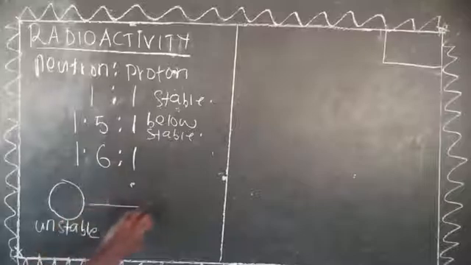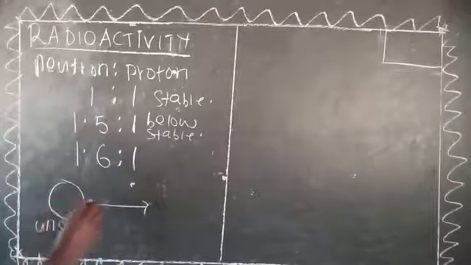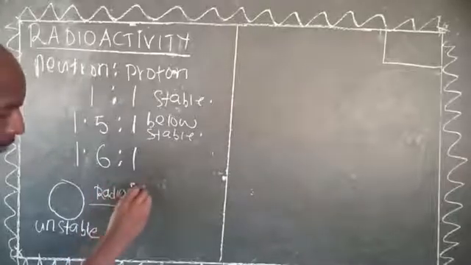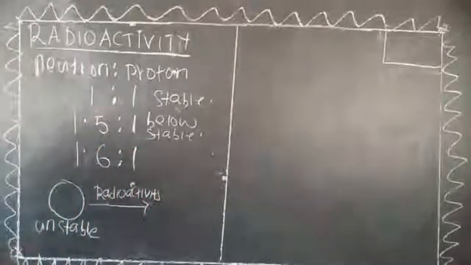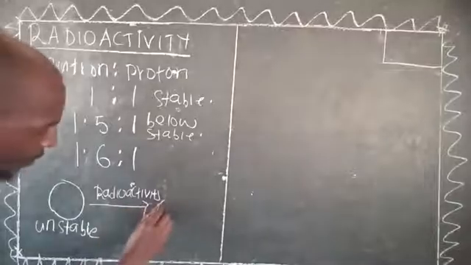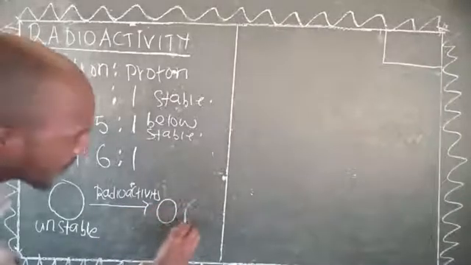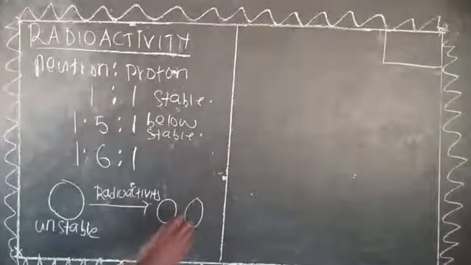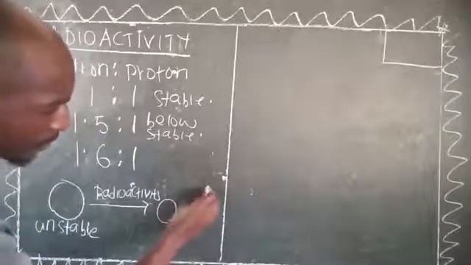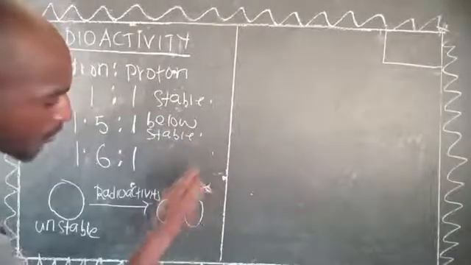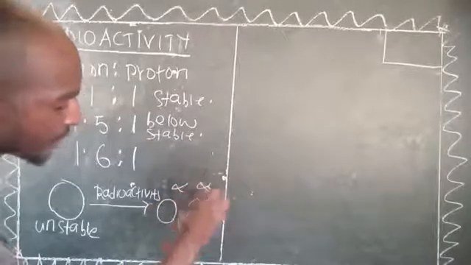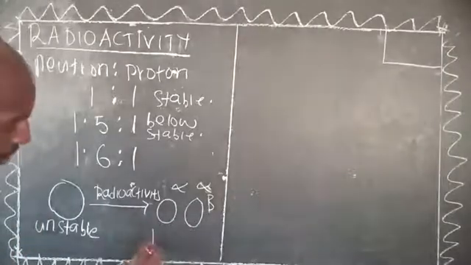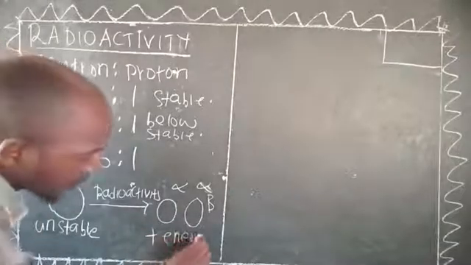When it undergoes what we call radioactivity, it yields nuclides, and then there is also release of particles that we will be seeing later, and also energy can be released as well.